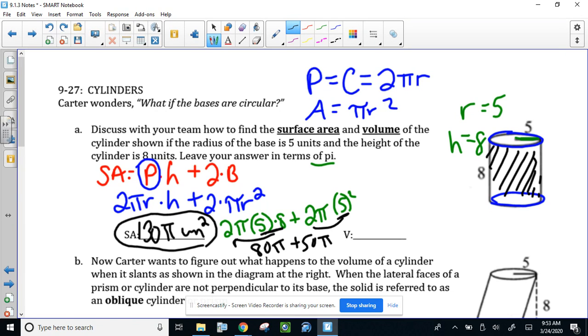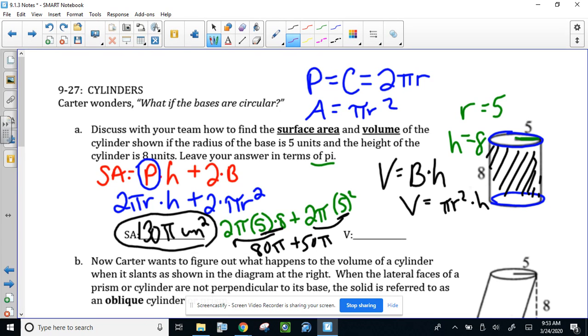And so then when we look to do our volume, we can say the same thing. It's just that circle stacked over and over again. So it is just our base area times our height, which again, because it is a circle, the base area never changes. So we can say it's just our pi r squared times the height.